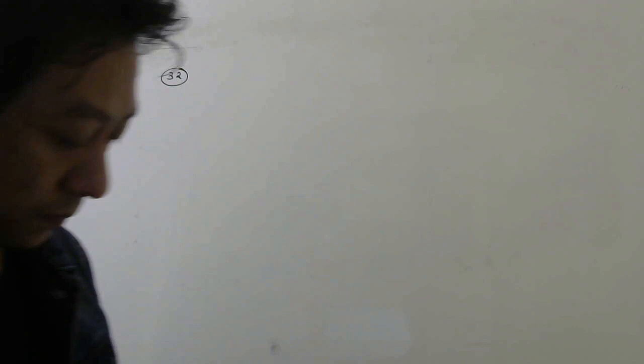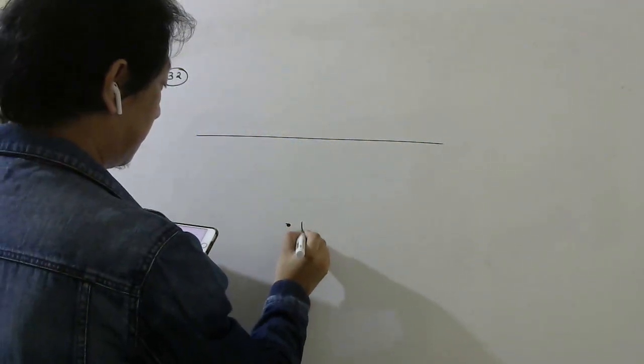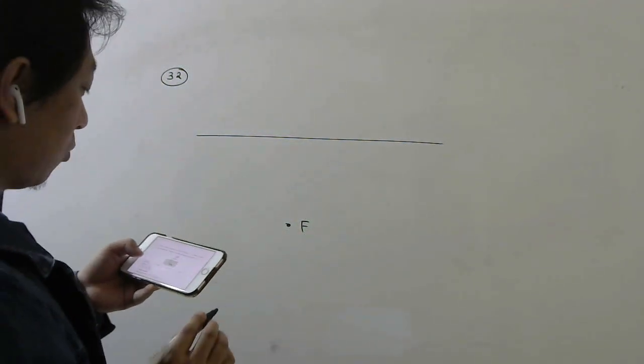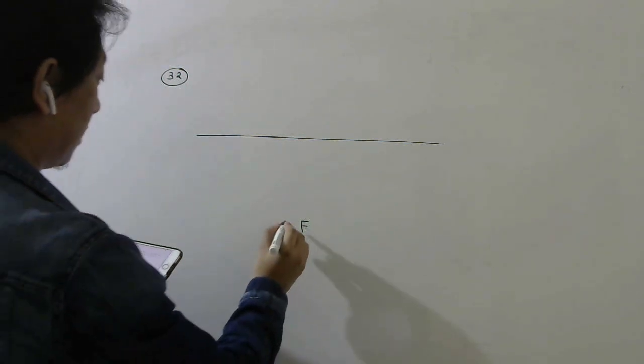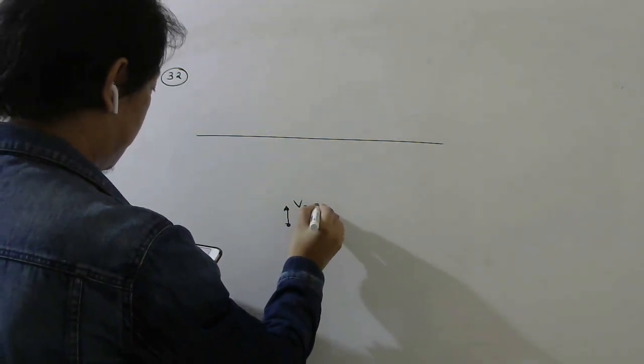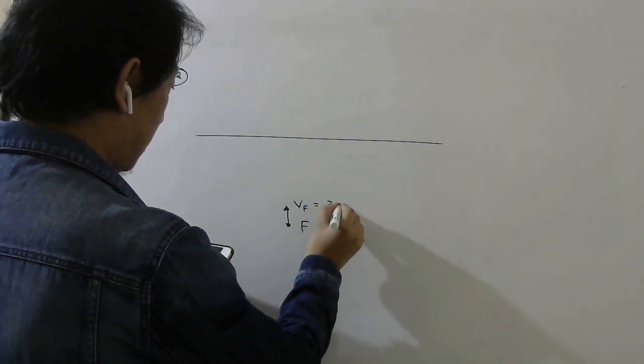So based on this, let us see question number 32 now. A fish rising vertically up towards the surface of water. So there is a fish which is rising up towards the surface of water with 3 meter per second. So the velocity of the fish is 3 meter per second.